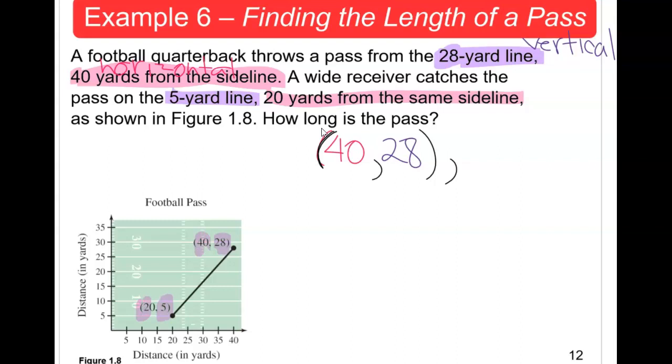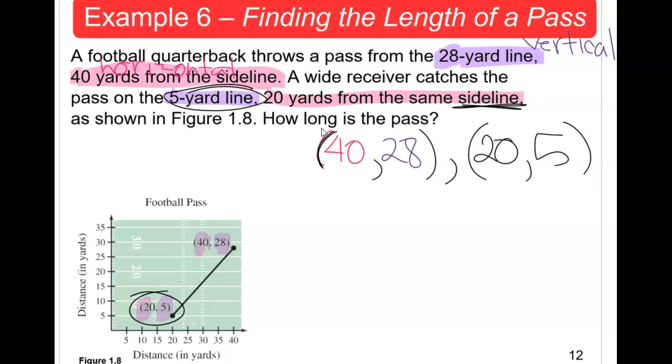Oh, the pink just looks the same. Okay, so this point will be horizontal distance is the 20, the distance from the sideline, and the vertical distance will be the 5th yard line. So those are our 2 points.